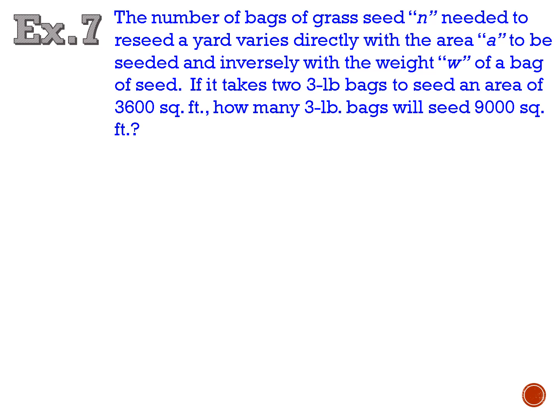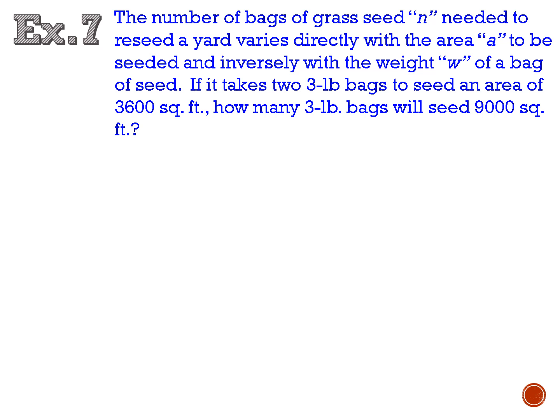The number of bags N varies directly with the area A and inversely with the weight W of a bag of seed. Now, here's where we're going to get our data points from. It takes 2 3-pound bags to seed an area of 3,600 square feet. How many 3-pound bags will seed 9,000 square feet?